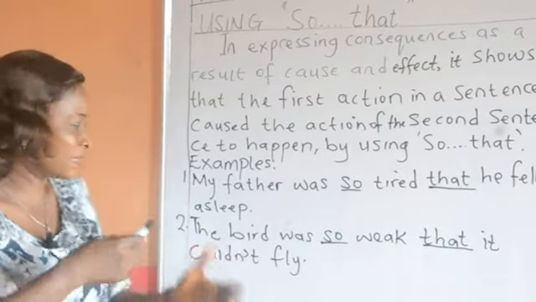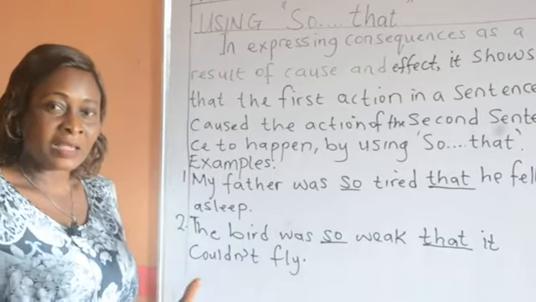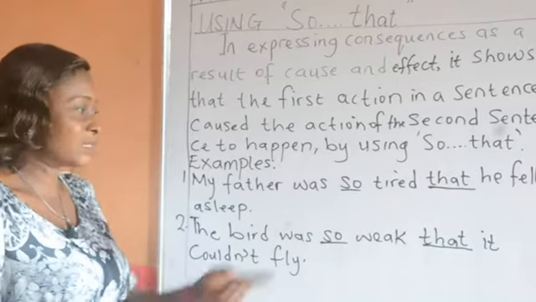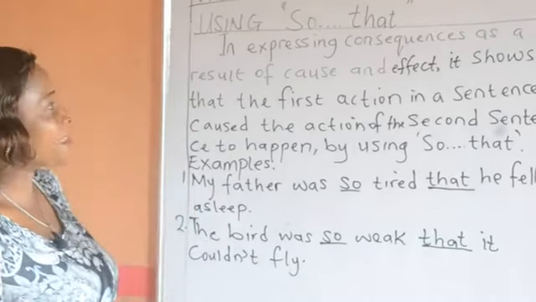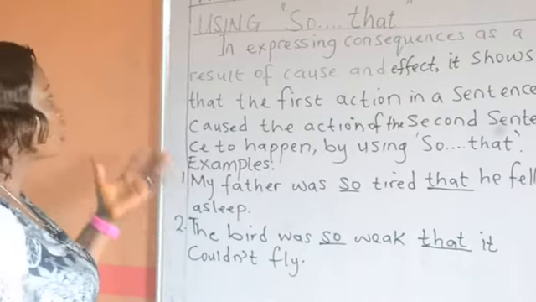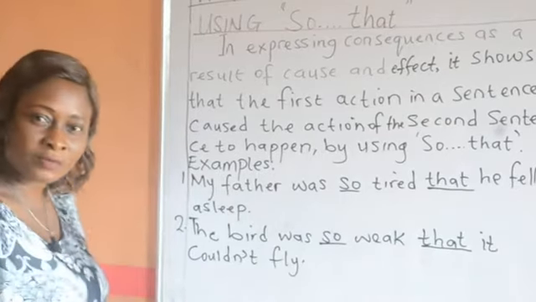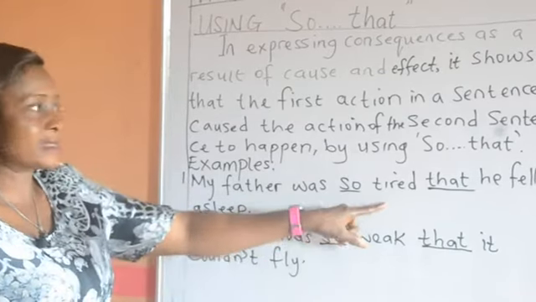Do you understand? You can see in these 2 examples, the first sentence is what gave rise to the second sentence. I said, in expressing consequences as a result of cause and effect, it shows that the first action, what is the first action here? My father was so tired.